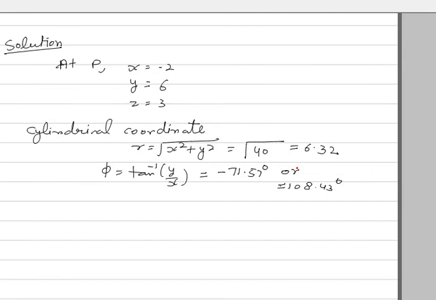Now convert, use the previous matrix which we have discussed previously.